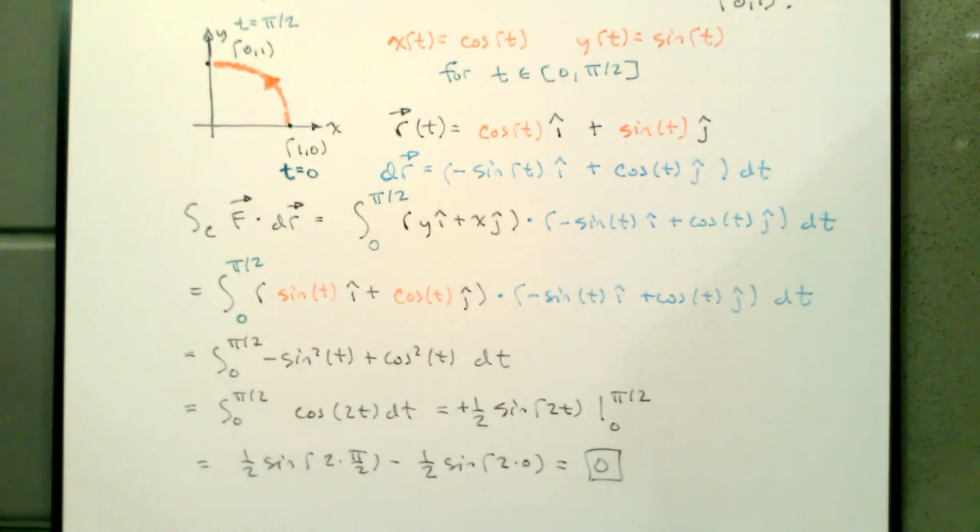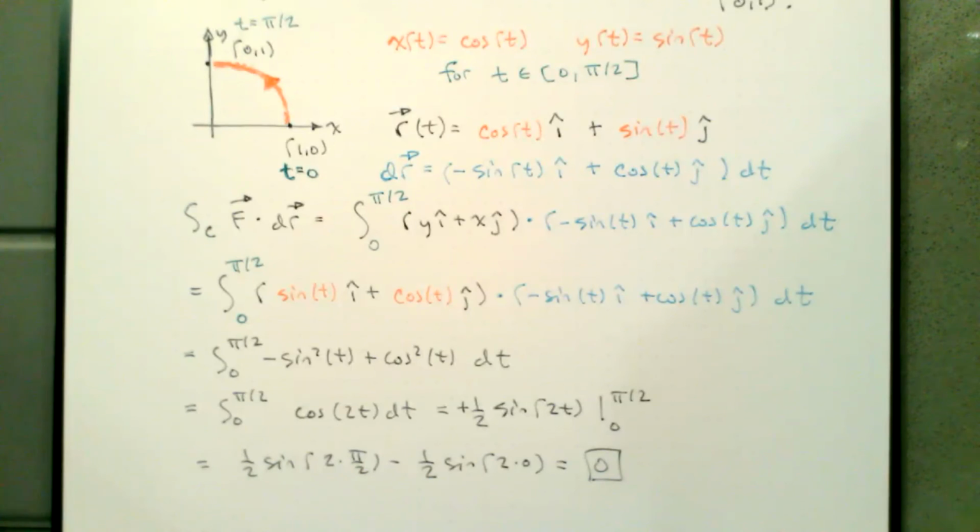And any x's and y's that we have in the vector field, we just use the same parameterization that we used for the curve, because we only care about the values of the vector field along the curve C.